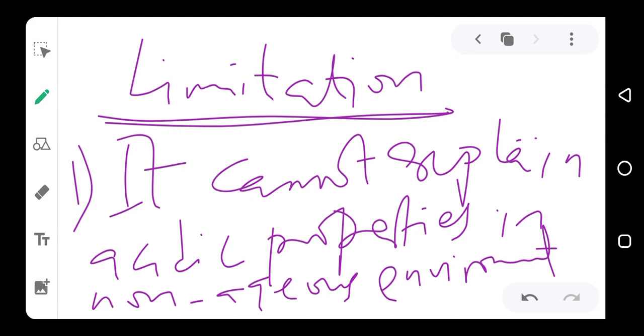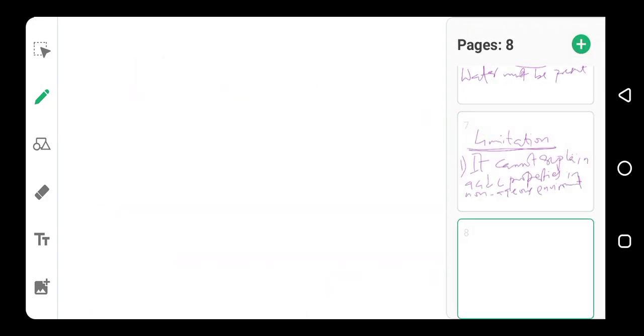That is, when there is no water, it cannot explain why some substances still exhibit acidic properties. Like when we have dry HCl, that is HCl without any water added to it, but it still exhibits acidic property. Now, Arrhenius theory cannot explain this behavior, why the HCl should be exhibiting an acidic property without being in water.